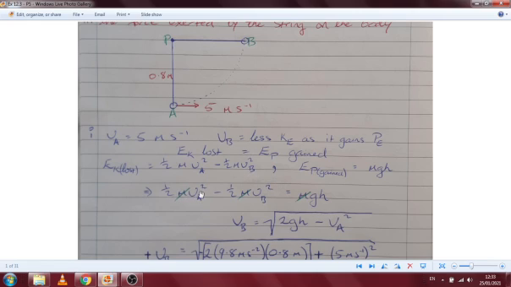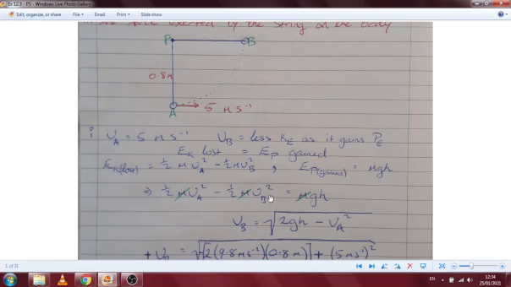So half mv squared A minus half mv squared B is equal to mgh. It's the same mass all the way along, 0.24 kilograms, so you can cancel those out. Then we do a bit of algebra. We multiply everything by 2, so v squared A minus v squared B is equal to 2gh.